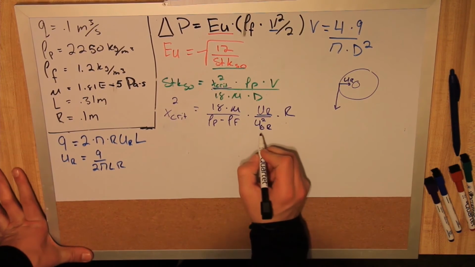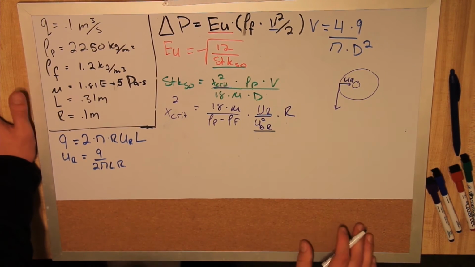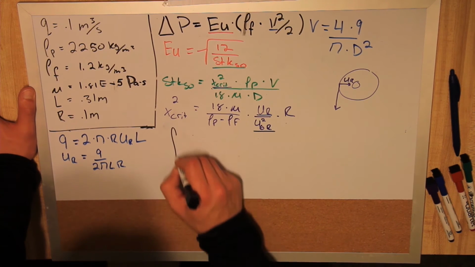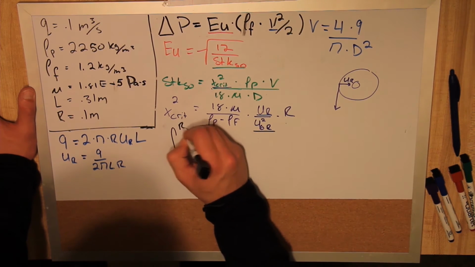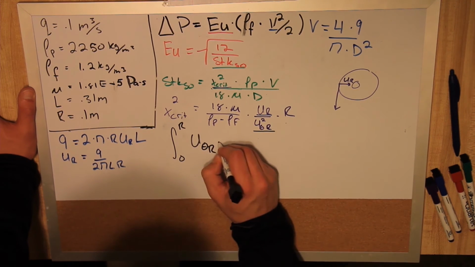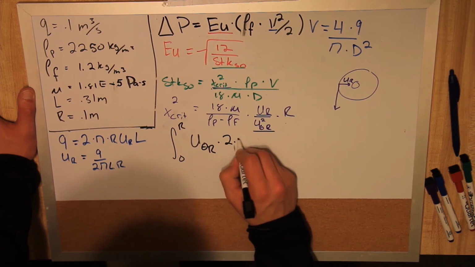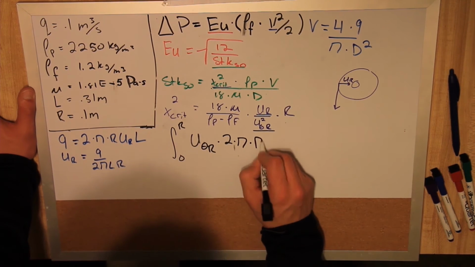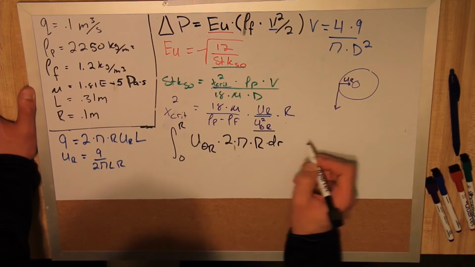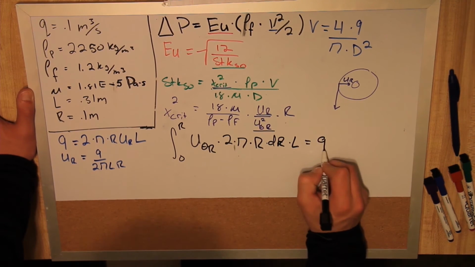So next we'll find u theta r squared. It's a little more difficult, but we have to take an integration from 0 to r of u theta r times 2 times pi times the radius times d of r times L, which is going to be equal to the flow rate.